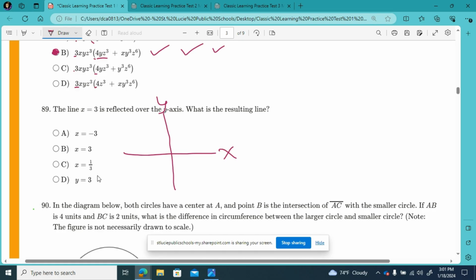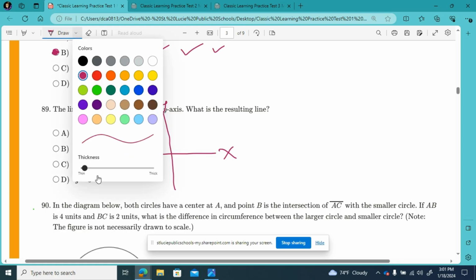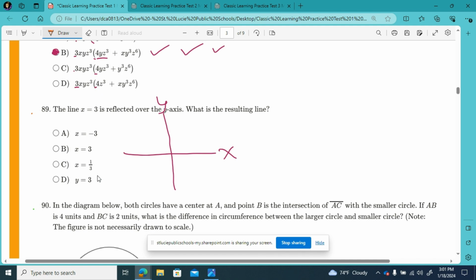Now I'm going to graph this line, x equals 3. So when x is positive 1, 2, 3, there should be a straight line, x equals 3.